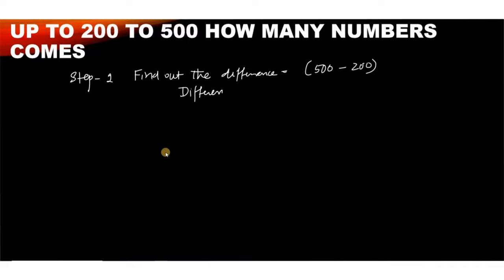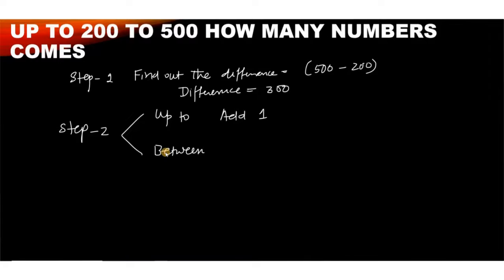So the difference is going to come 300, right? And then step 2, what is written, if it is up to or between. If it is up to, then we have to add 1 in difference. If it is between, we have to minus 1 in difference.